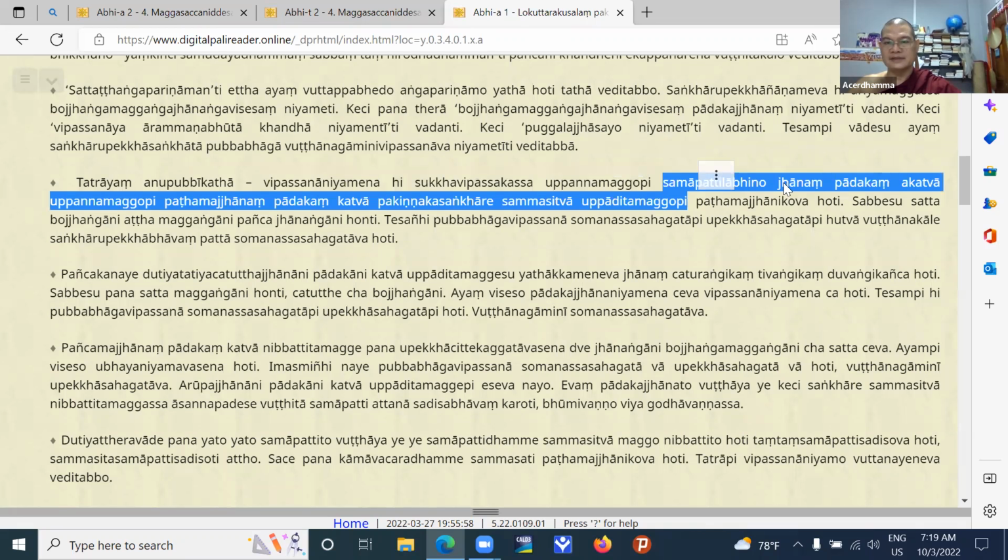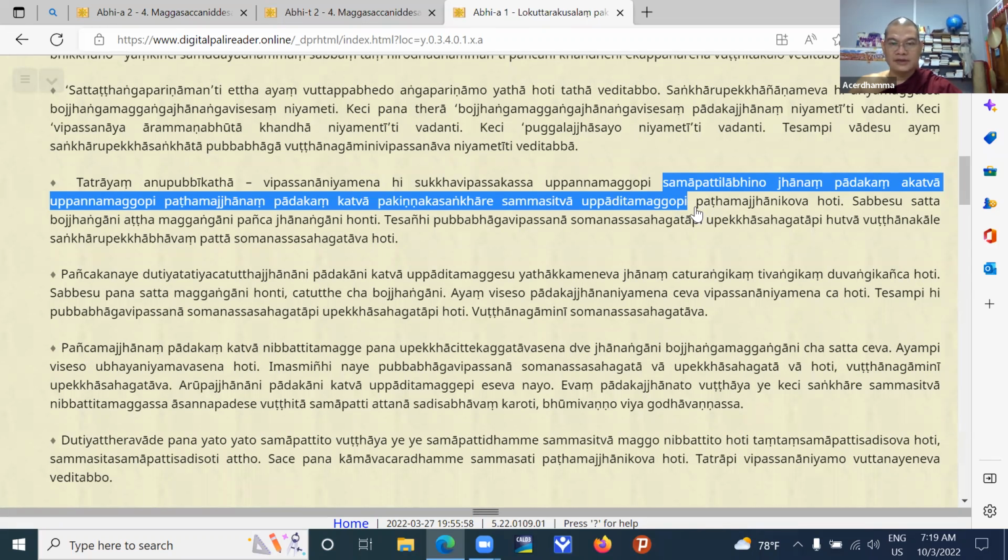In the second, the first jhana attainer doesn't take jhana as base when he takes vipassana, and the magga arises there. In the last one, he takes the first jhana as base firstly, then takes the other sankharas as vipassana object, and then he attains the magga. 3 kinds of magga there.